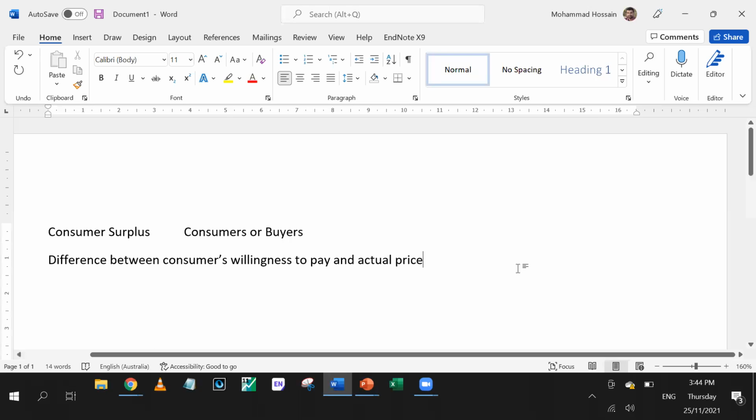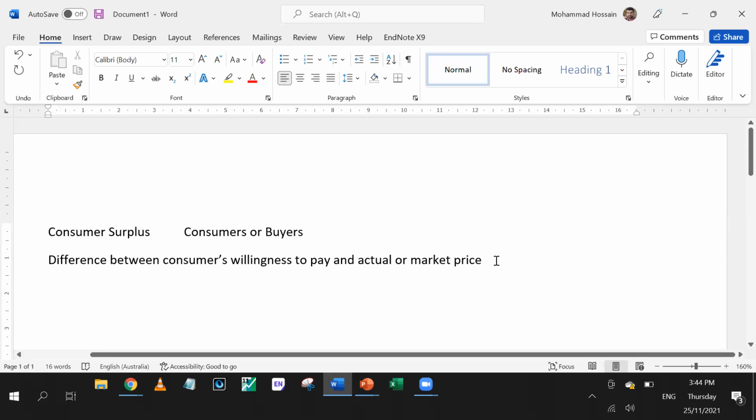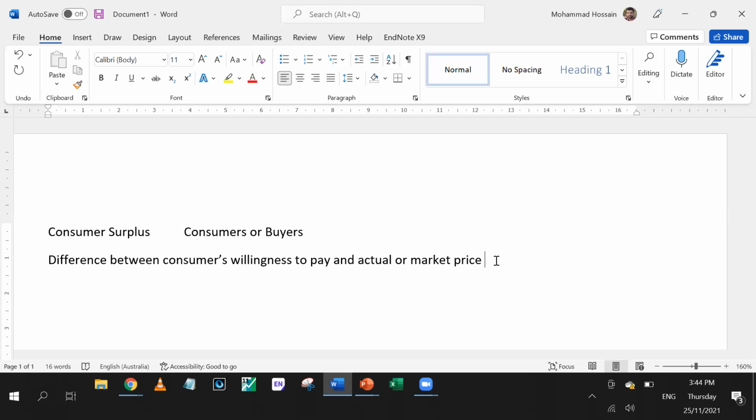Actual price is your market price, okay? That's consumer surplus. It means the difference between the consumer's willingness to pay and the actual or the market price.